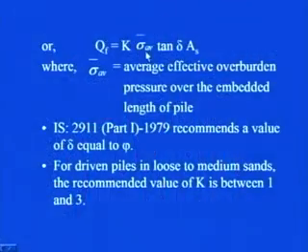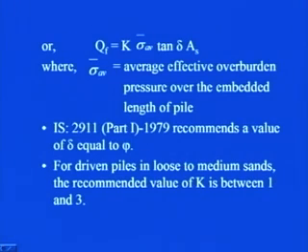For that we take the average effective overburden pressure, because k depends on the property of the soil, this k value will be constant at any particular depth, but this sigma bar average will be changing. So, we are taking this effective pressure as the average one over the embedded length of pile.